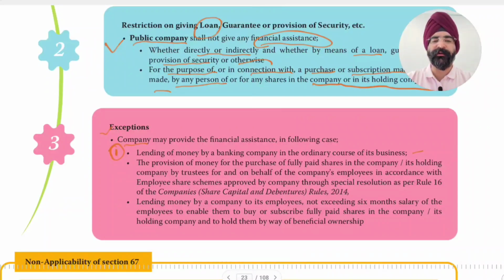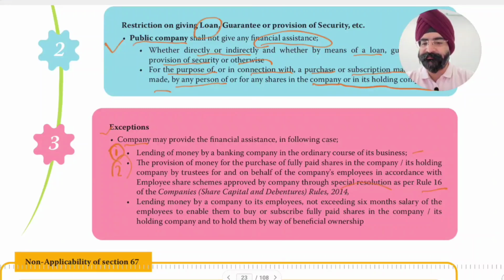Number two, the provision of money for the purchase of fully paid shares in the company or its holding company by trustees for and on behalf of the company's employees in accordance with the employee share scheme approved by the company through special resolution, as per Rule 16 of the Companies (Share Capital and Debentures) Rules, 2014. So first was lending by a banking company, which is exempt in the ordinary course of business.